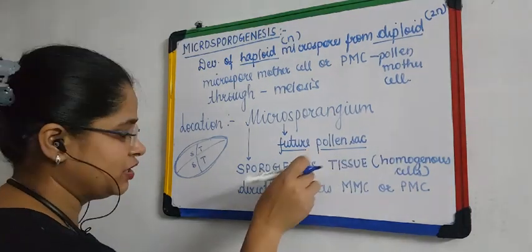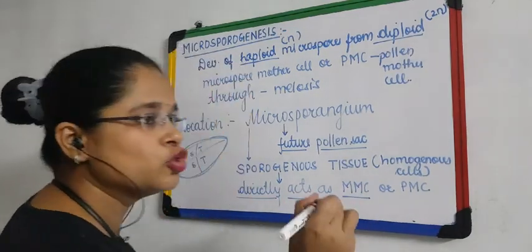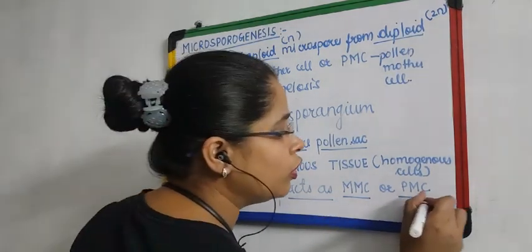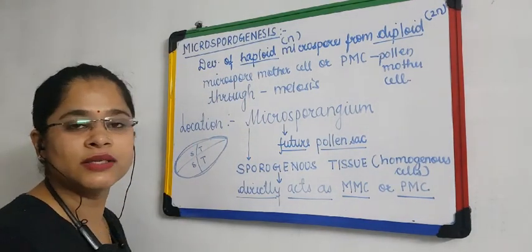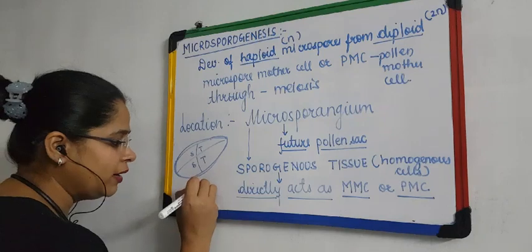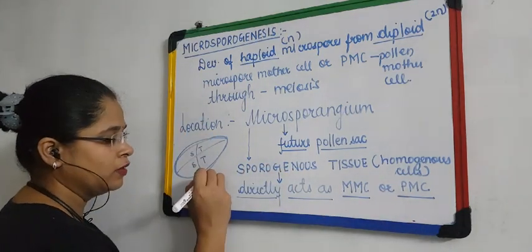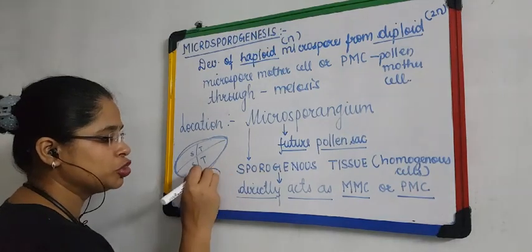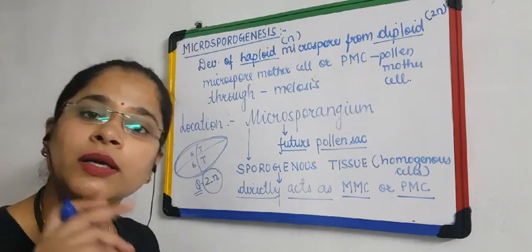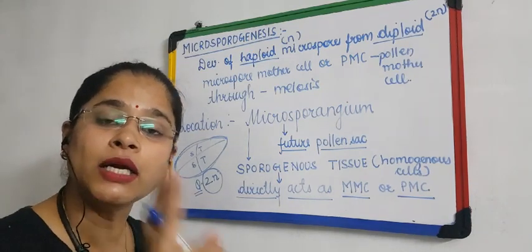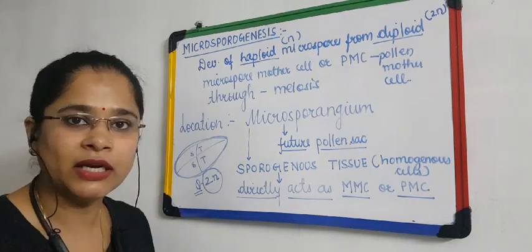They directly function as MMC, microspore mother cell, or pollen mother cell. So the question arises, what is the ploidy of sporogenous tissue or PMC? The ploidy of sporogenous tissue or PMC is diploid. They are diploid cells because they contain two whole sets of genomes. Am I clear with that?